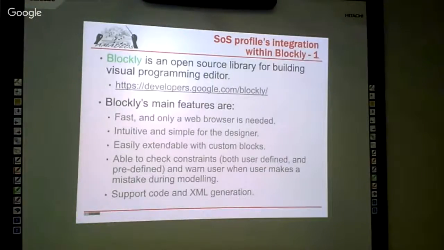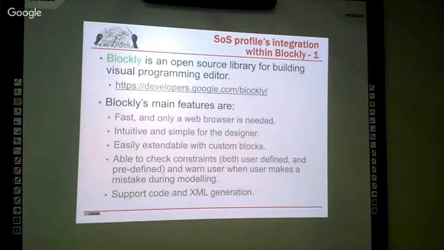And actually, Blockly is fast. You need a web browser, you link to stuff, and you start putting things together. It's very intuitive. Even, I must say, my son, who is 12, is much faster and more able than me in using Blockly. It's for digital natives, and it is very easily extendable with custom blocks, because Blockly provides a graphical interface of generic blocks, but then you can customize the different blocks and specialize them and so on.